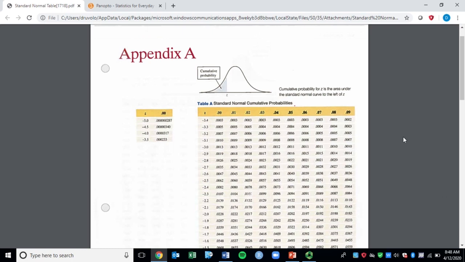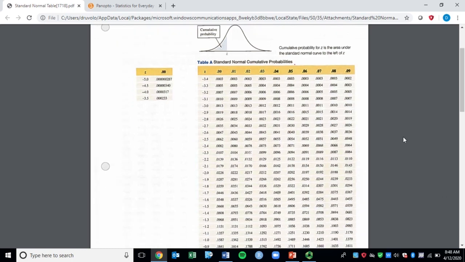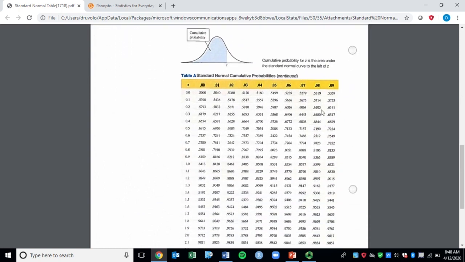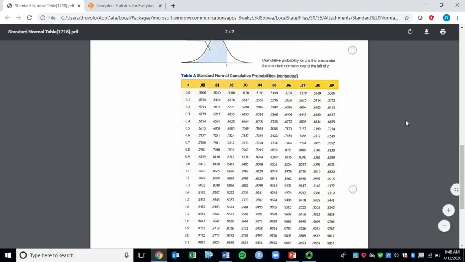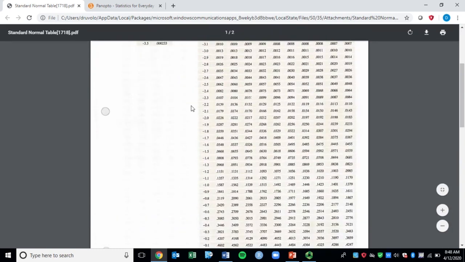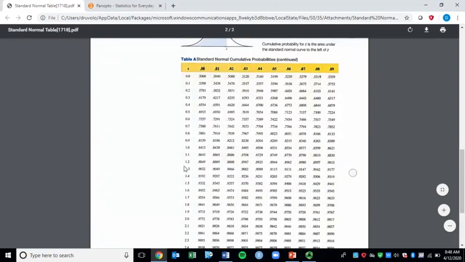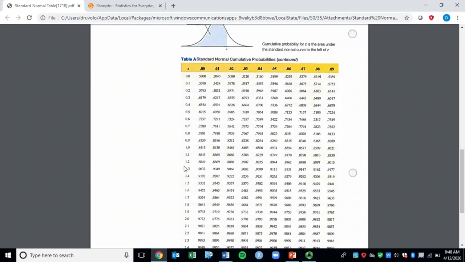Go to the other page. I'm going to have to scroll down. Notice that the Z-scores over here are what? They're positive. So you have negative Z-scores here, and positive Z-scores over here. That's the first thing.